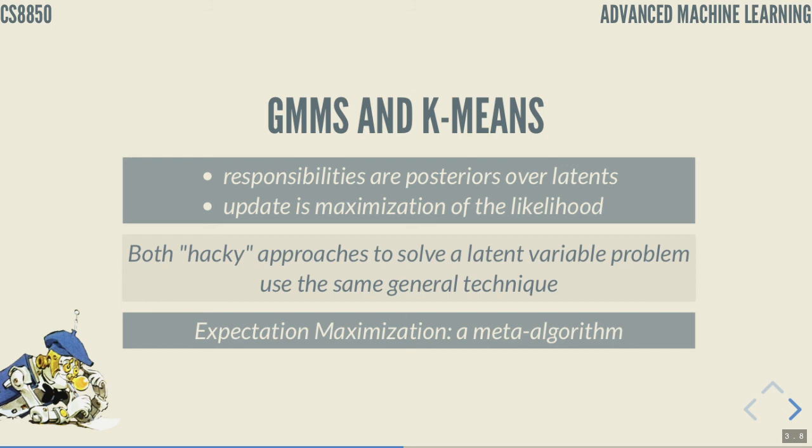And the point in both of the concrete methods, GMMs and k-means, and many others, is that at first we set our parameters to some arbitrary values. Then, next step, we estimate class posteriors given our data and those arbitrary value parameters.